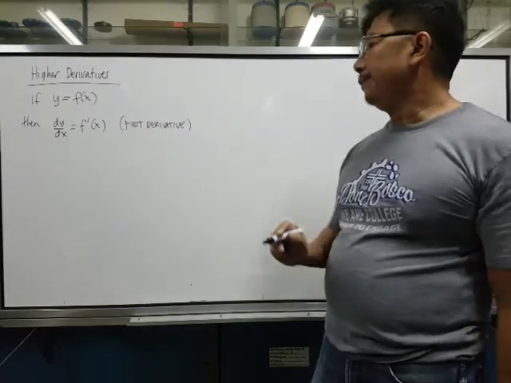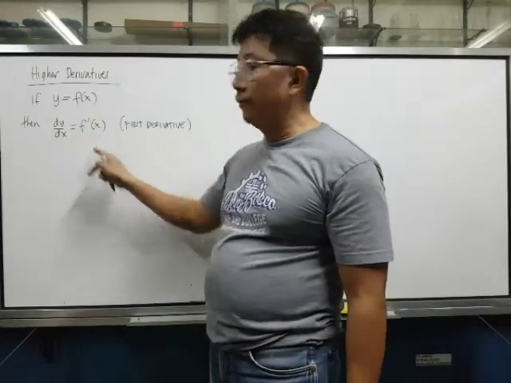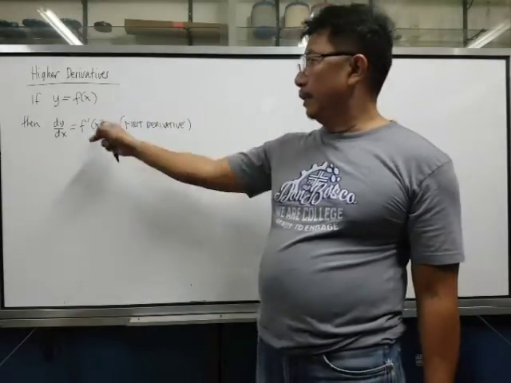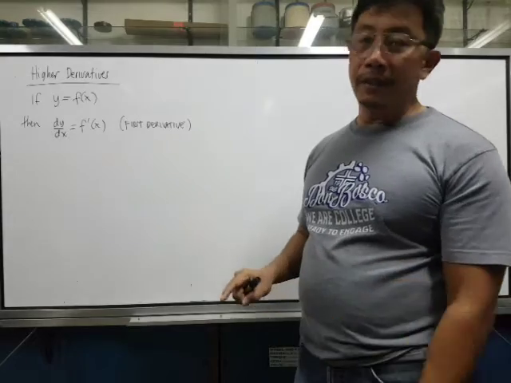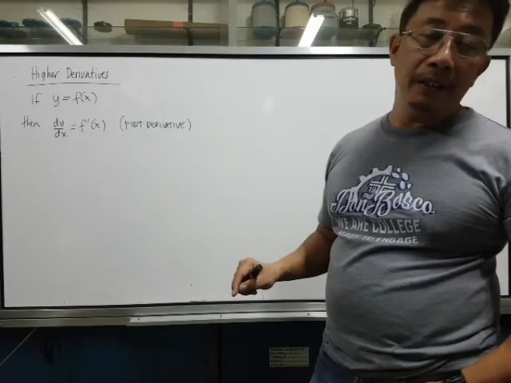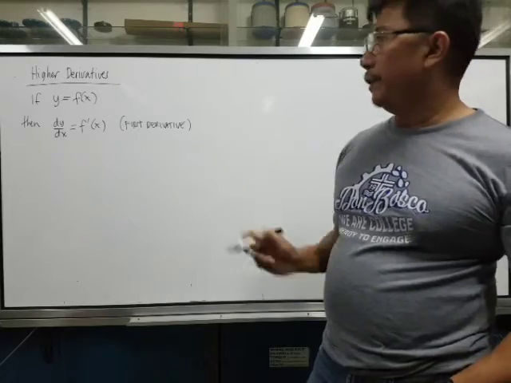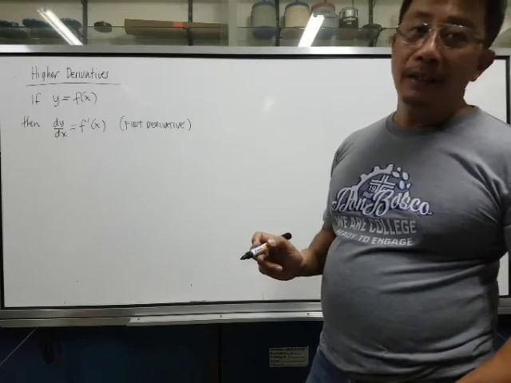Now, because the derivative of a function is also another function, we can in turn get the derivative of that first derivative, and if it exists, it is called the second derivative of y with respect to x.